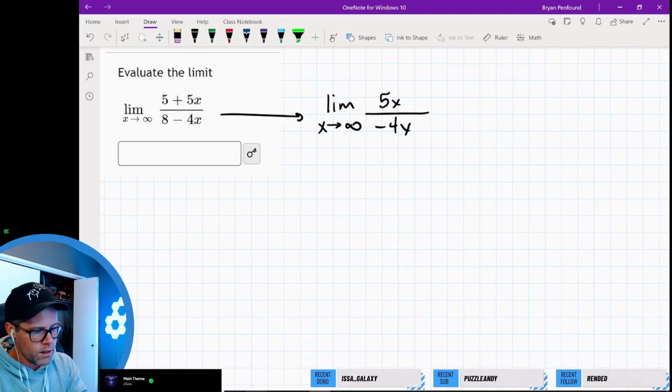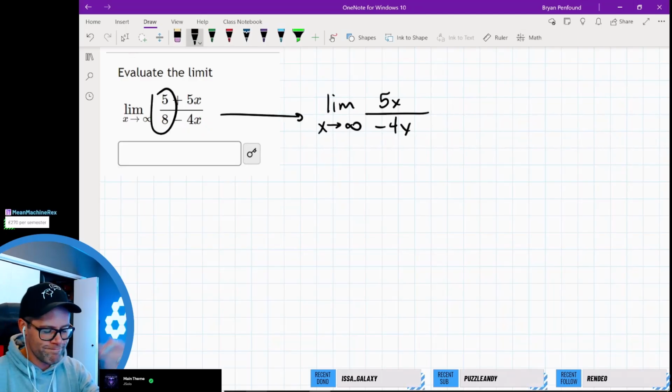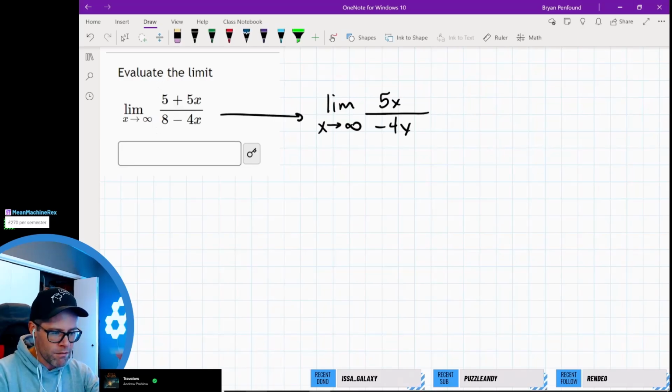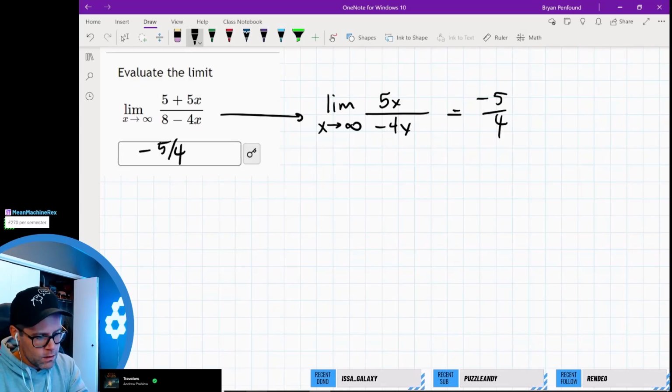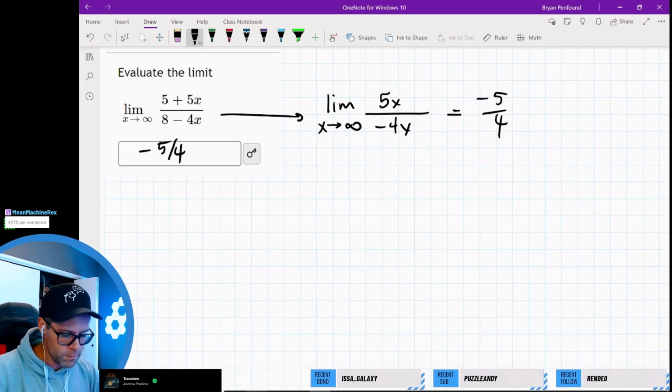So in the long run, this 5 and 8 aren't really going to matter for really, really big values of x. My limit's going to act kind of like this. So it means my limit's going to be negative 5 over 4 when I cancel out these x's. So it's the 5 and the 4 here that kind of dominate this limit for really big values of x.